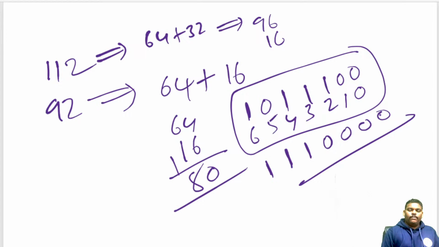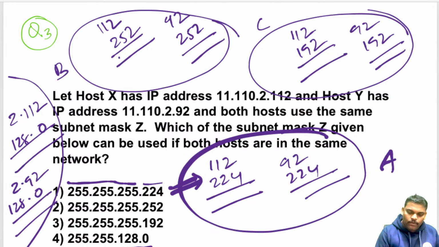Please verify. 92 is going to be 1011100: 64 plus 16 is 80, 80 plus 12, and 12 is 8 plus 4. If you are okay with this one, 112 is 111 followed by four zeros.